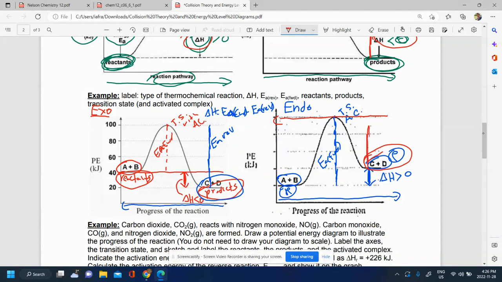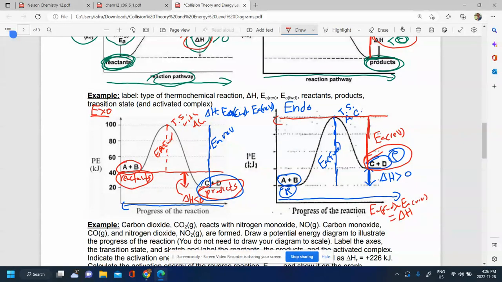So this red part only, not the blue part, the red part only is my EA reverse. And remember, just like in the previous example, if you did EA forward minus EA reverse, you would get your delta H again.